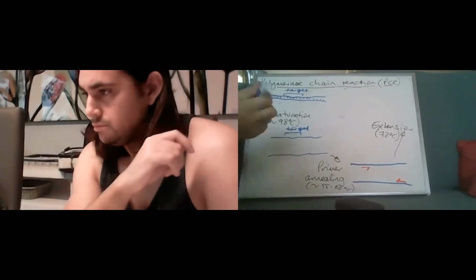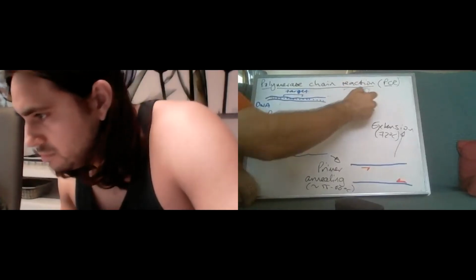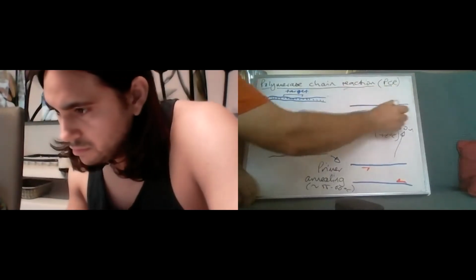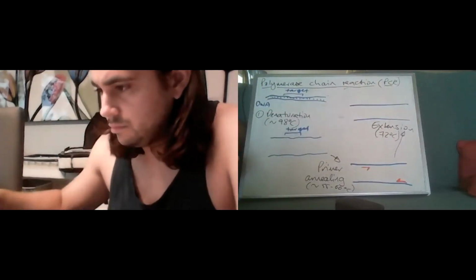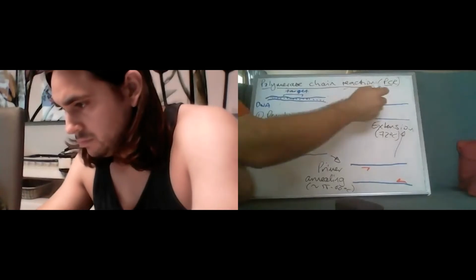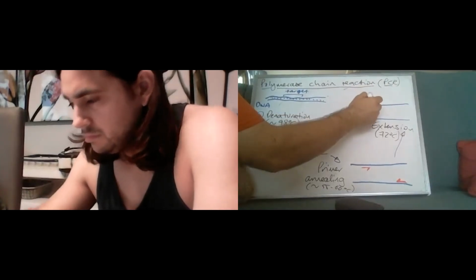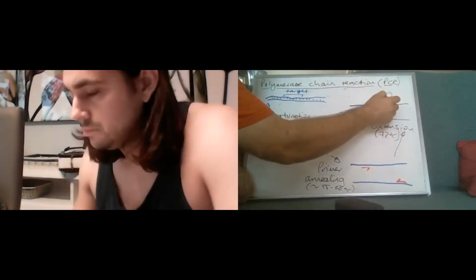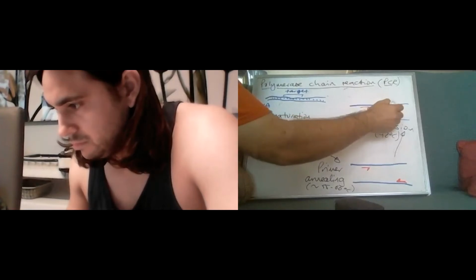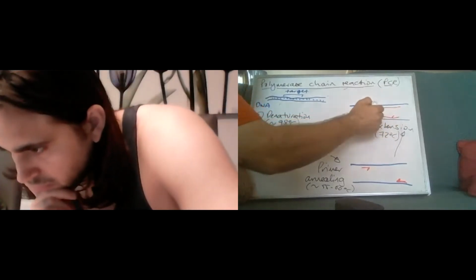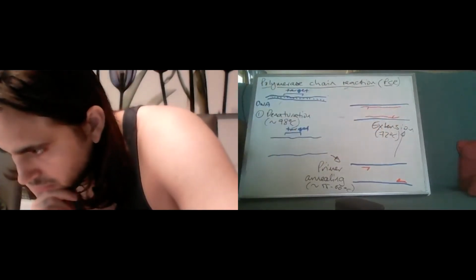Yeah, so extension then goes up again to around 72, and our Taq basically extends our primers just like it would if it were replicating DNA.